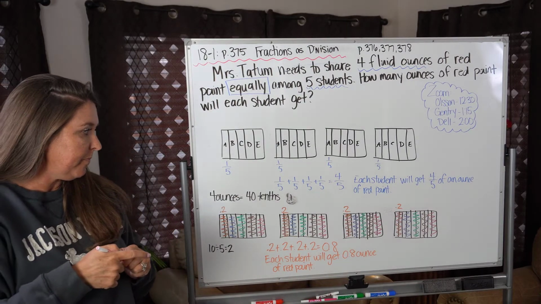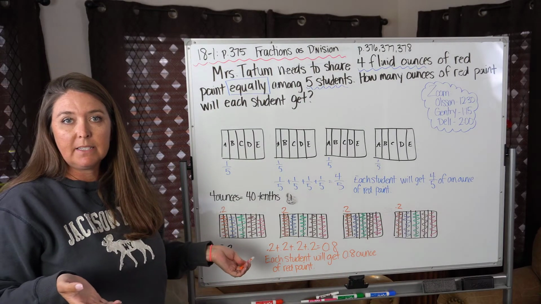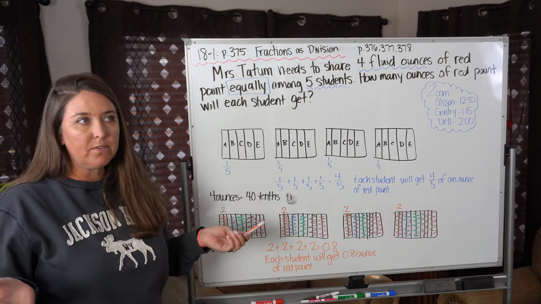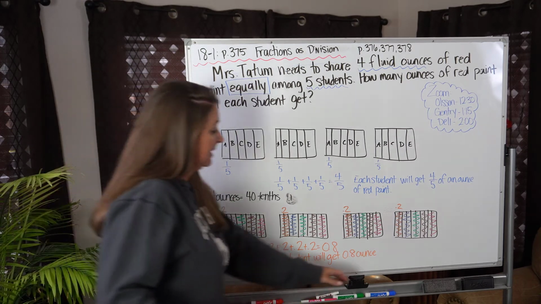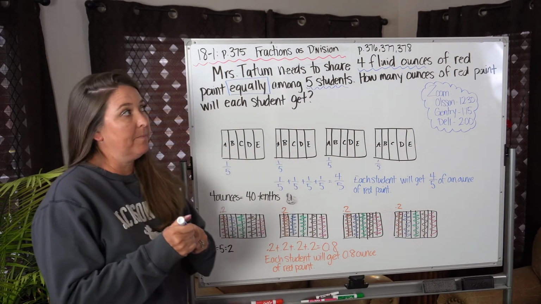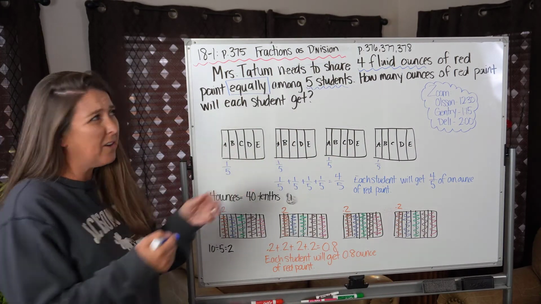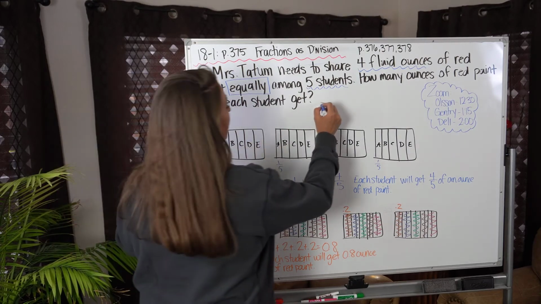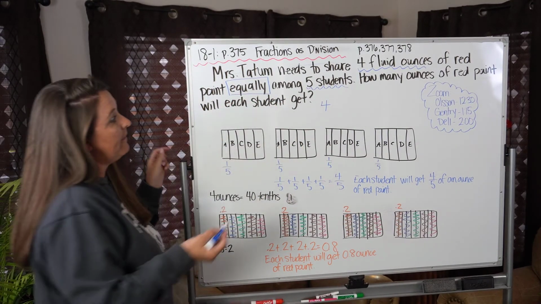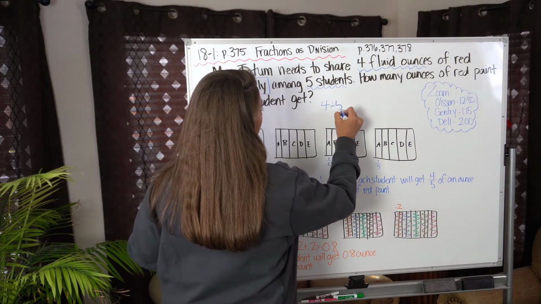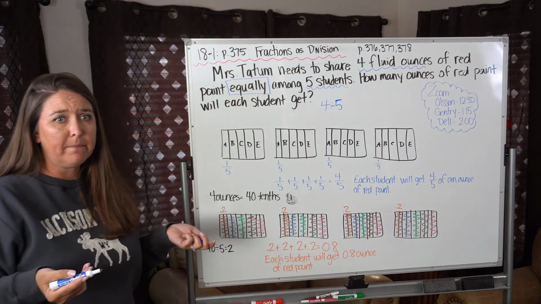Okay? This might make sense to some of you. This might just confuse you even more. Some of you may have even just done a straight algorithm and may have said, well, I can see that there are 4 fluid ounces, so that's what I'm starting with. I know that I'm dividing it equally among 5 students, so I really just have 4 divided by 5.